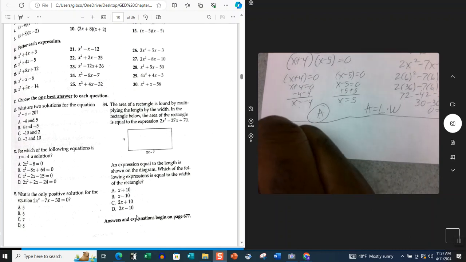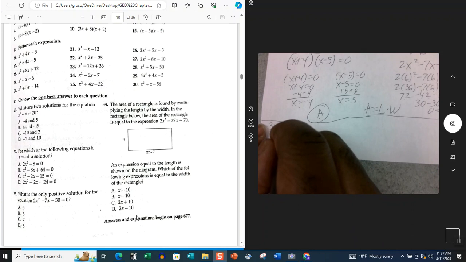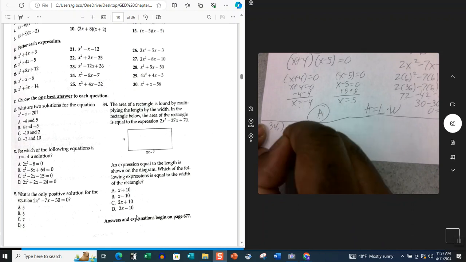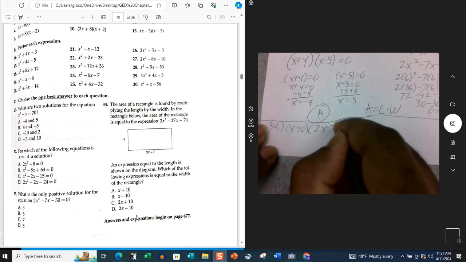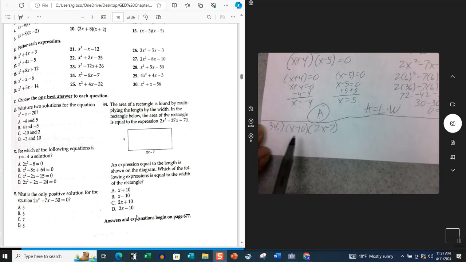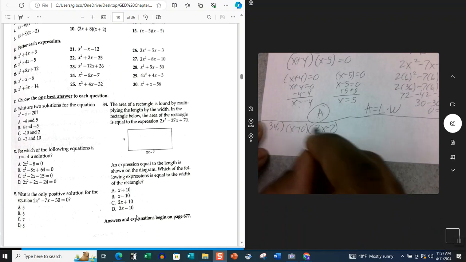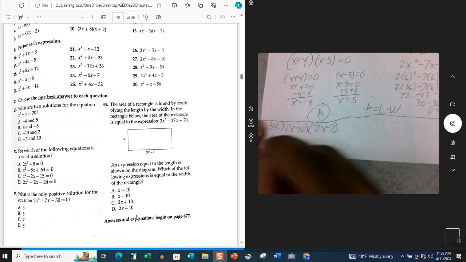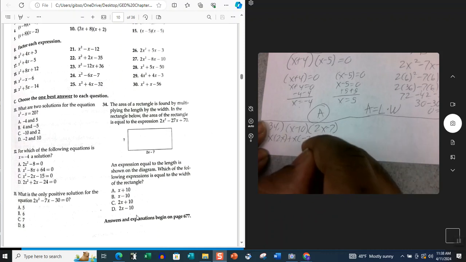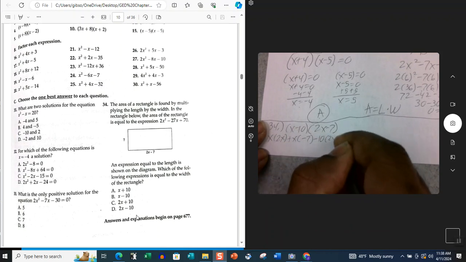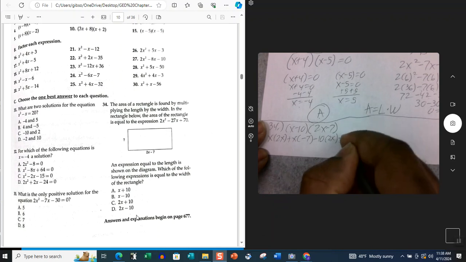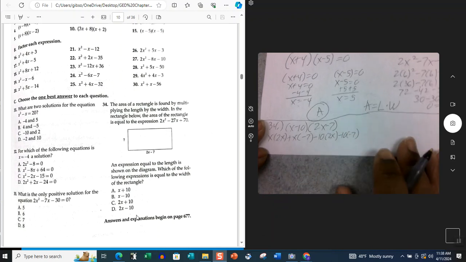So this is problem 34. We'll take B's answer, which is x minus 10, and we're going to multiply by 2x minus 7. So now, we multiply this. We would have the FOIL method: the front, which is x times 2x, plus the outer, x times negative 7, and then the inner, which would be negative 10 times 2x, and then the last, which is negative 10 times negative 7.